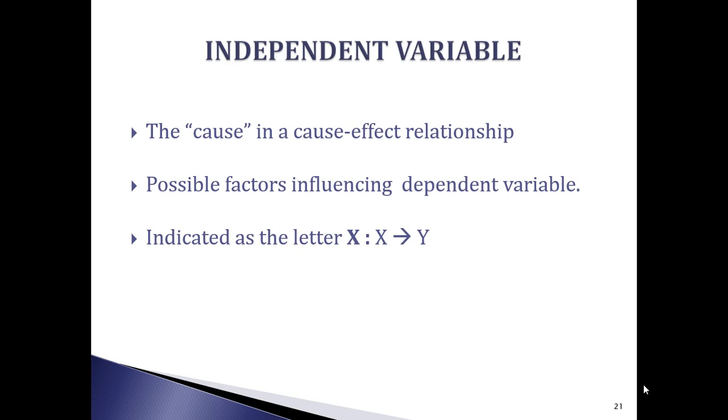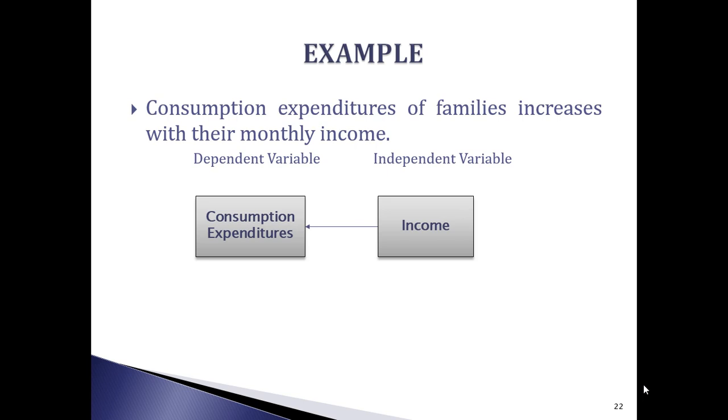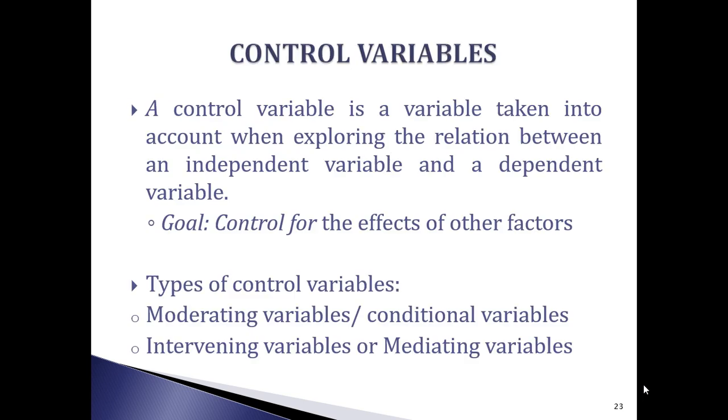In x and y relationship, x affects y, and here x is the independent variable. For example, consumption expenditure of families increases with their monthly income. Here, consumption expenditure is the dependent variable and independent variable is income, and income affects consumption expenditure.